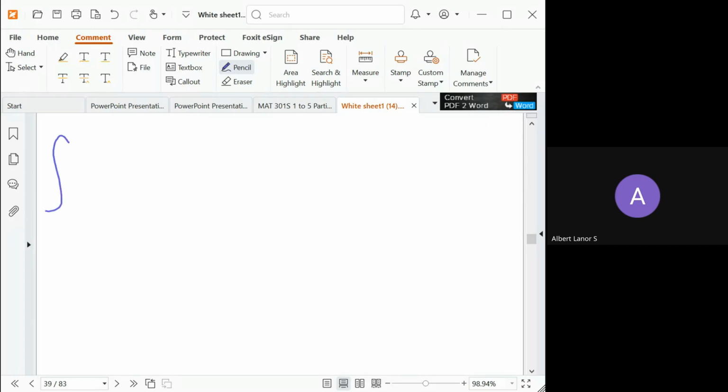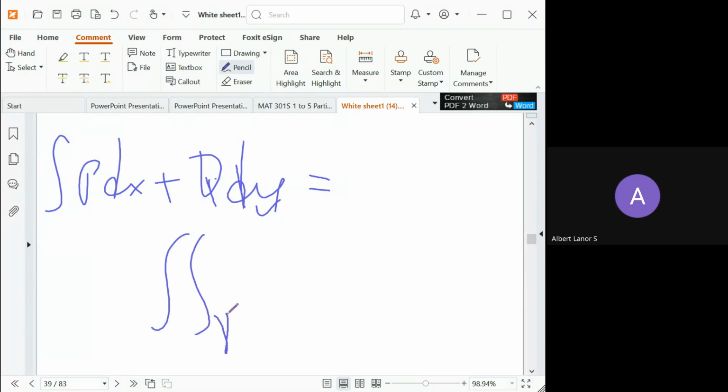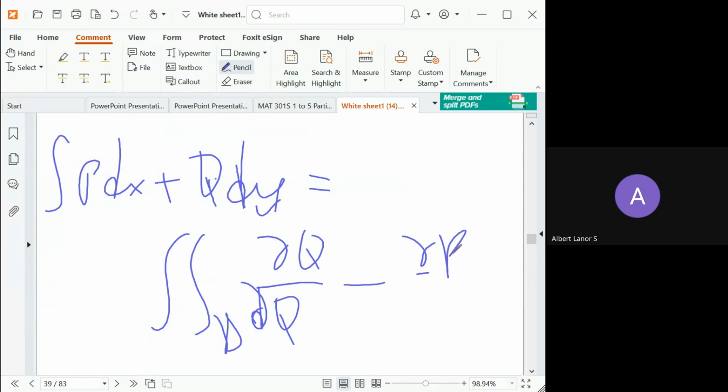The integral of P dx plus Q dy will be equal to the double integral over a certain domain D of, we differentiate Q with respect to x partially, minus the partial derivative of P with respect to y, over the domain.